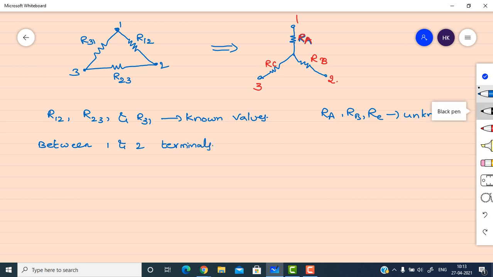So for that, first I am considering terminals 1 and 2. I am going to find the equivalent resistance between 1 and 2 in case of delta and in case of star. Between 1 and 2, if the third terminal is not there, then R31 and R23, are these two in series or in parallel?